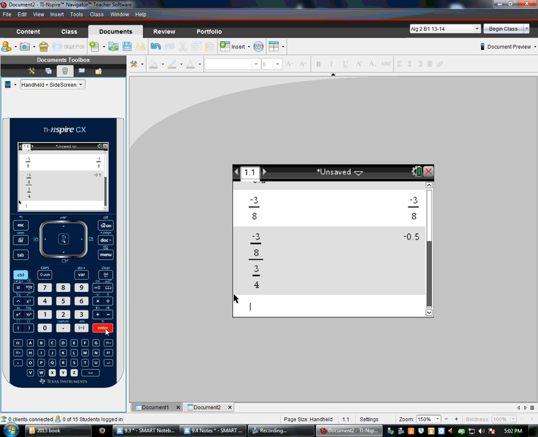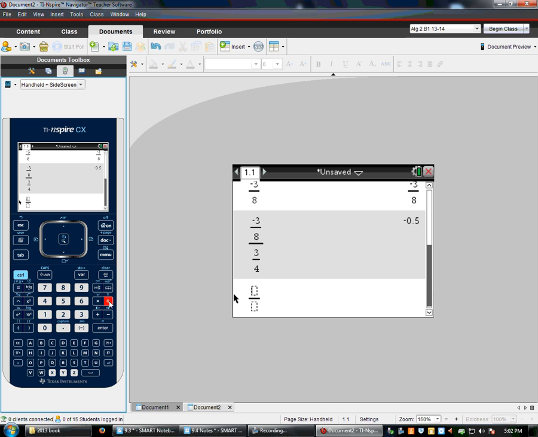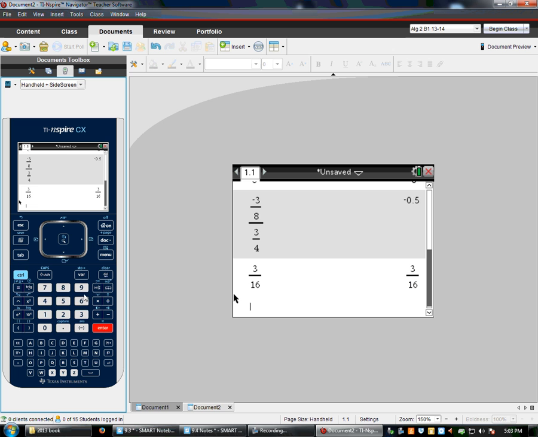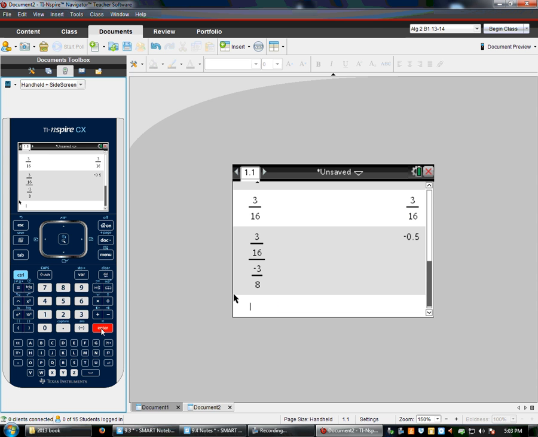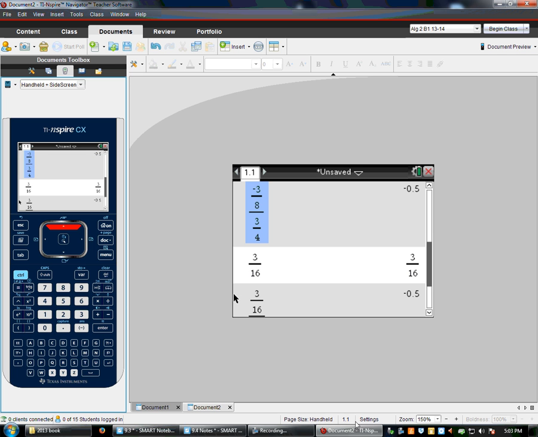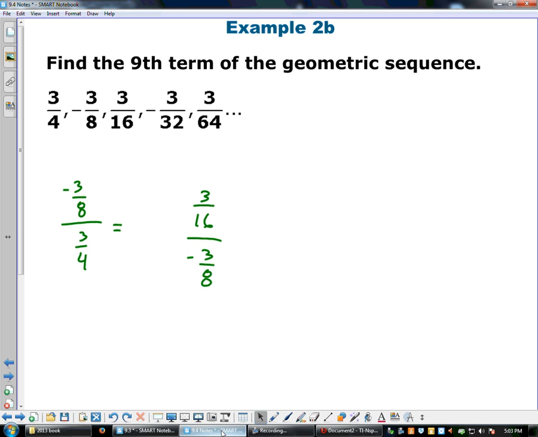And if I test it with the next one, if I do 3/16 divided by -3/8, I end up getting -0.5 again. So it looks like they're all going to be equal to -0.5, so that's going to be our common ratio.